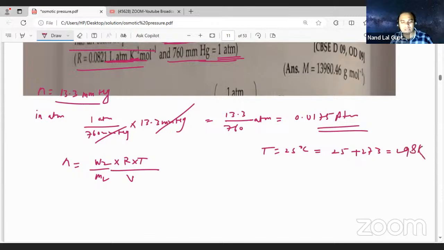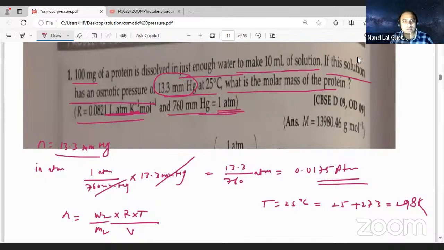Now, here the volume you can find out. 100 is there, dissolved in just enough water to make the solution how much? 10 ml. Enough water to make 10 ml solution.